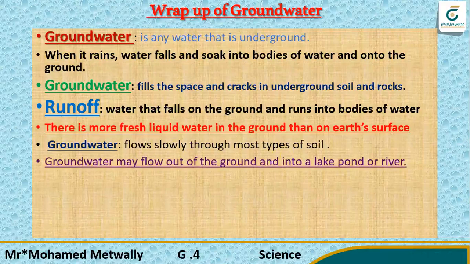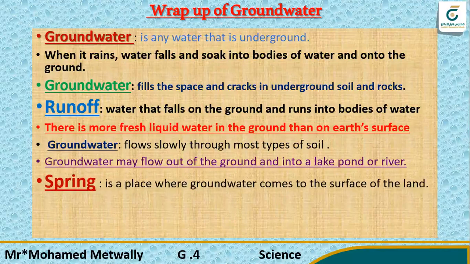Groundwater also may flow out of the ground and into a lake, pond, or river. So the groundwater may turn back to the lake, pond, and river from the ground. Spring. In fact, spring here does not mean the season.